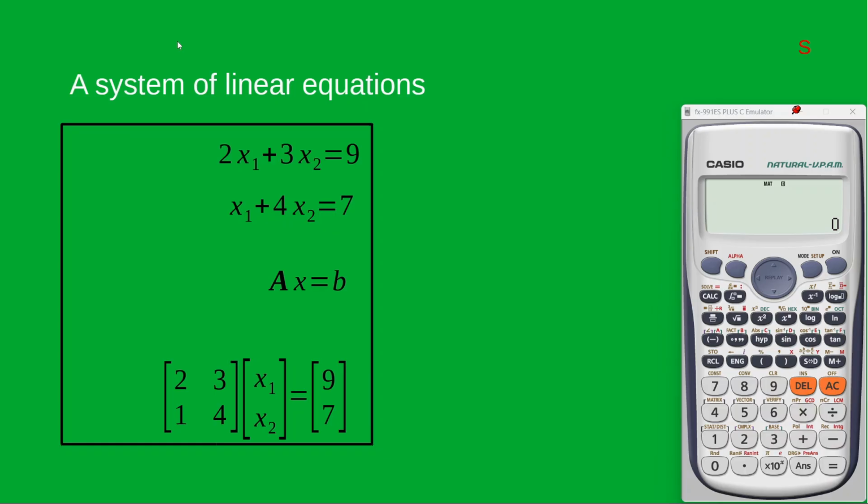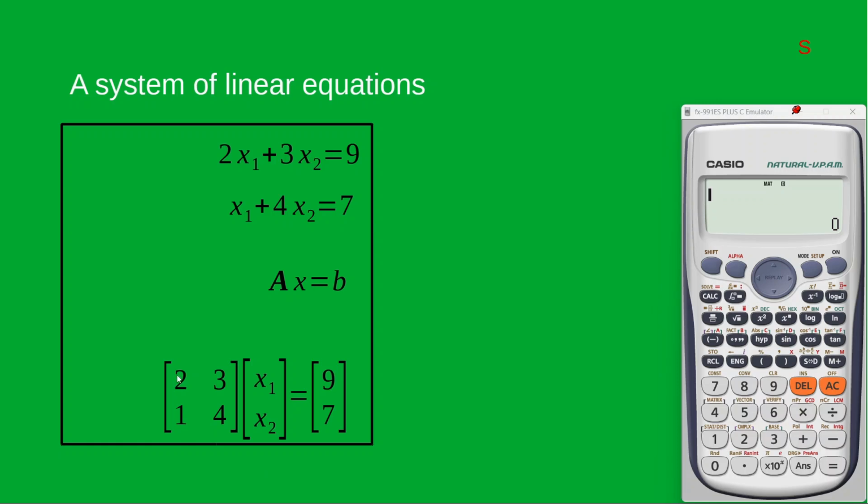To understand what a matrix is, let us take up a system of linear equations. We have two equations, 2x1 plus 3x2 equal to 9 and x1 plus 4x2 equal to 7. In the matrix form, it is shown here. How would we write it?